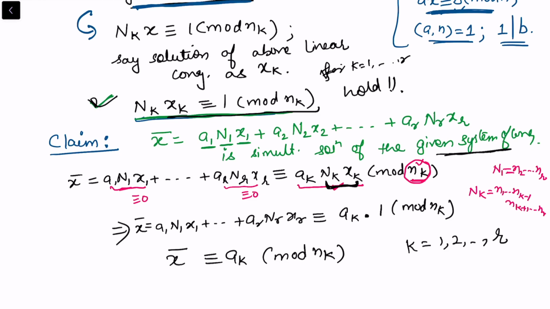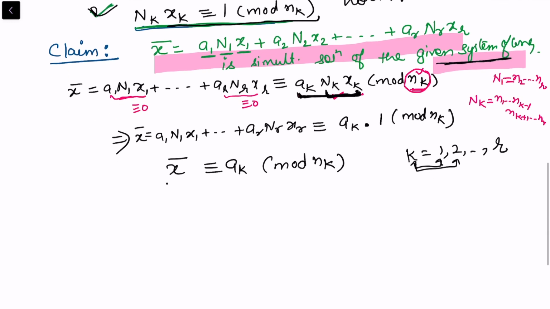So whenever we fix k equal to 1, we replace this expression as a1 N1 x1, the term which remains, and all the other terms are congruent to 0. When k is equal to 2, we will have a2 N2 x2. So this claim holds: x bar definitely satisfies our system of congruences.